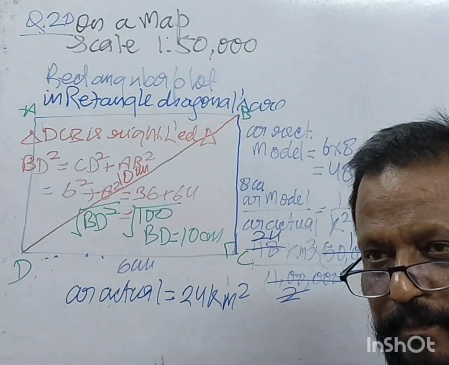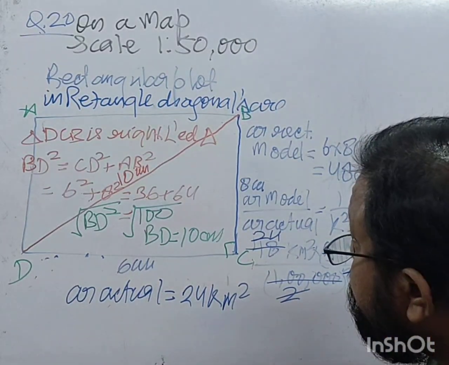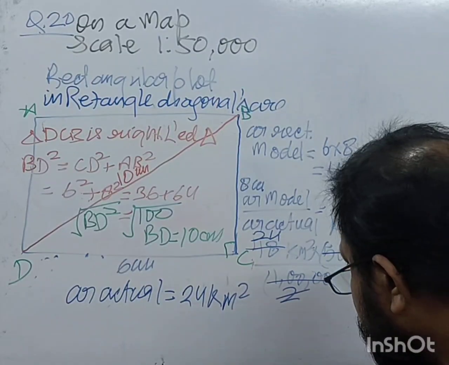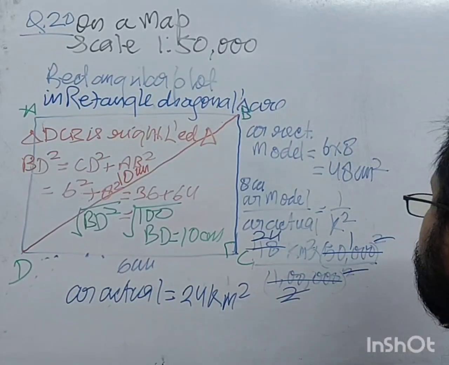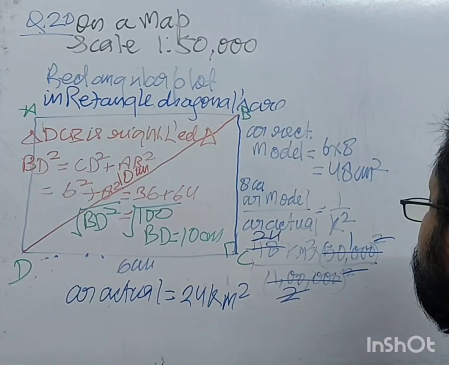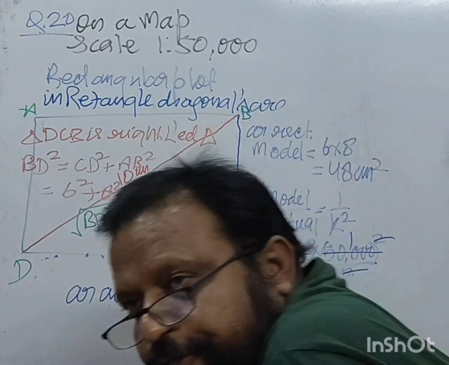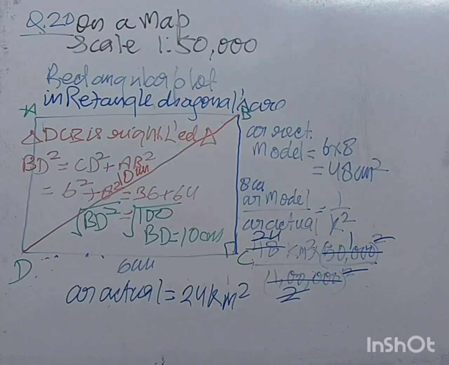Six times 8 becomes 48. And here we get 24 kilometers square.